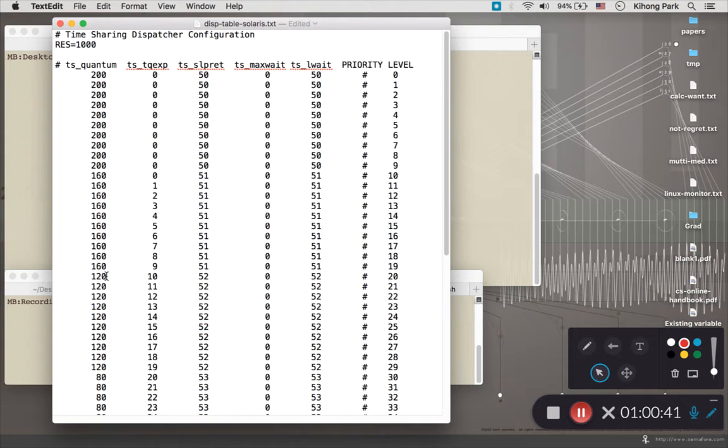So what should happen next? Its priority should be demoted, but by how much? This is what the table will tell you. It says, look at this column, TS, time quantum expired. This guy used up all of its quantum, its time slice. So this is row 20. I keep losing track here. So yeah, this is this row. So this guy was our row.